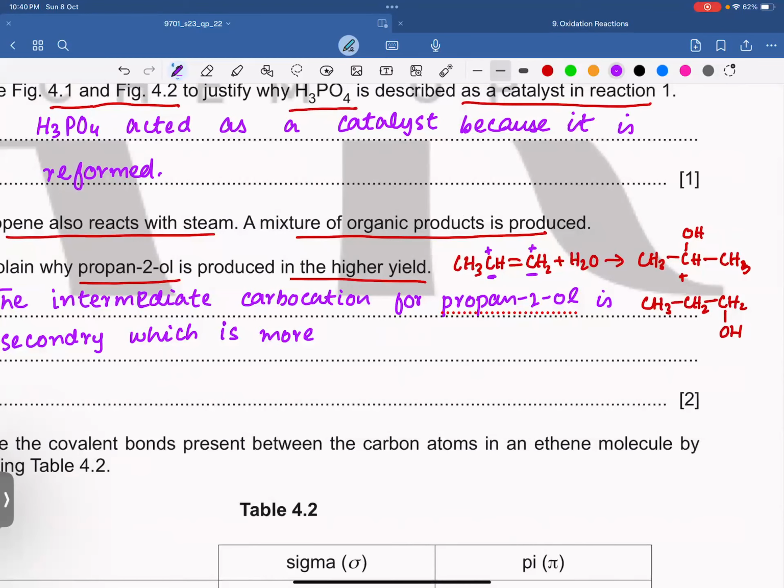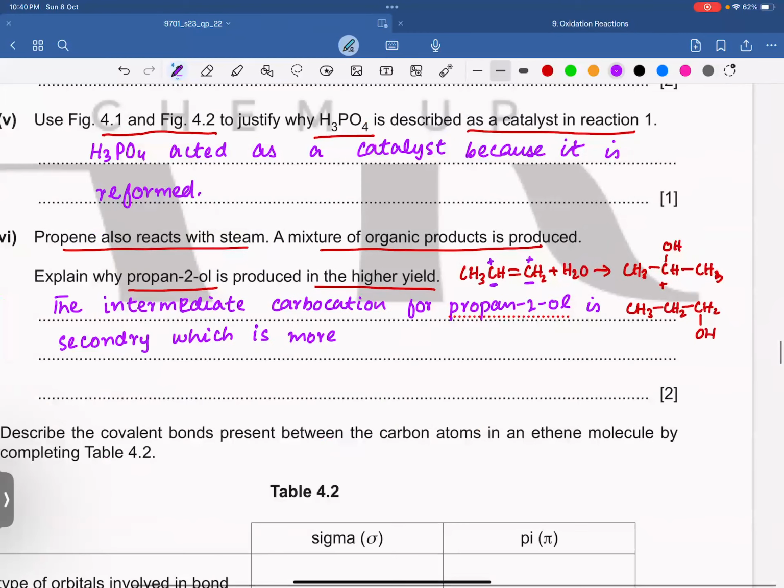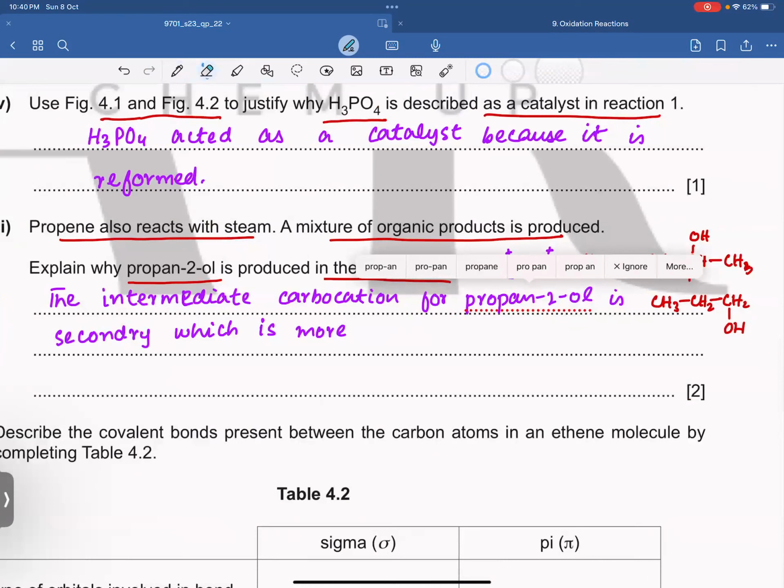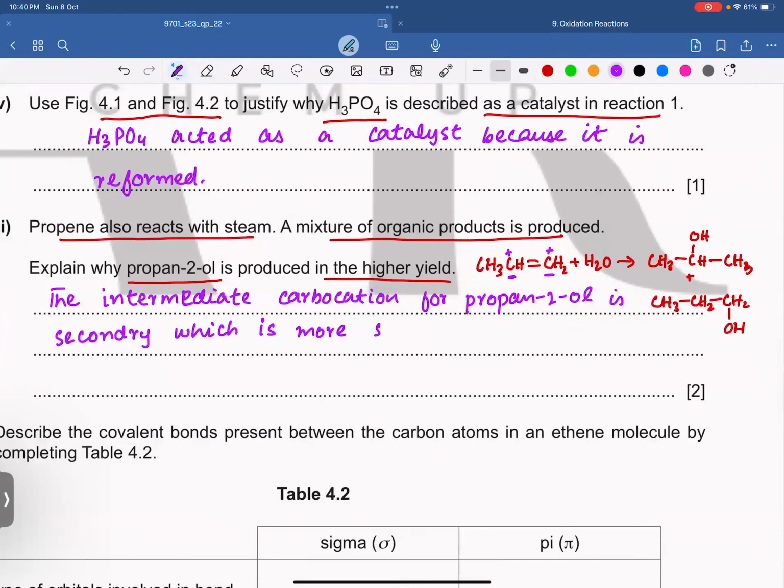So we will write that the intermediate carbocation for propan-2-ol is secondary, which is more stable than the other carbocation, which is primary.